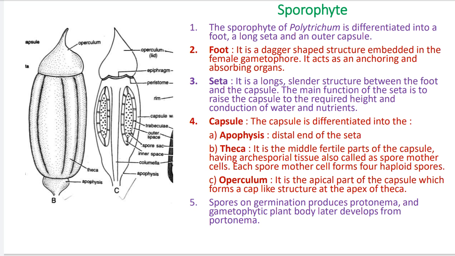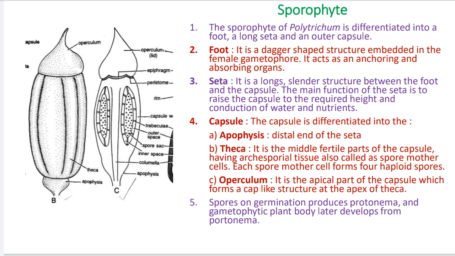Now the diploid zygote undergoes cell division, mitotic cell division. So in this way, a small inconspicuous embryo develops, and that inconspicuous embryo produces the sporophytic structure in the bryophytes, or in Polytrichum. Okay.